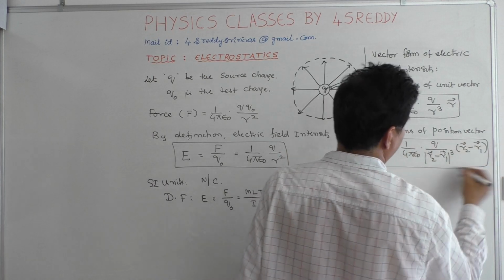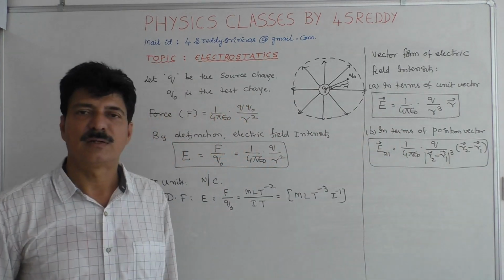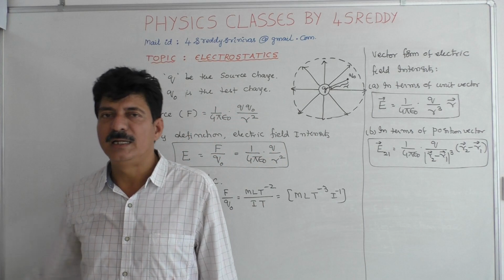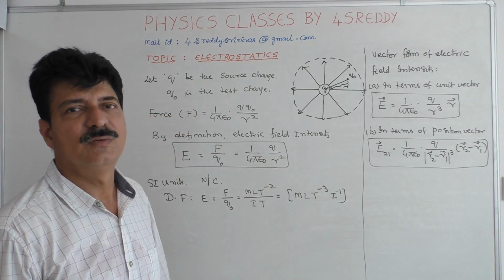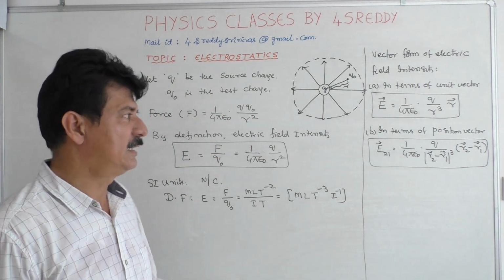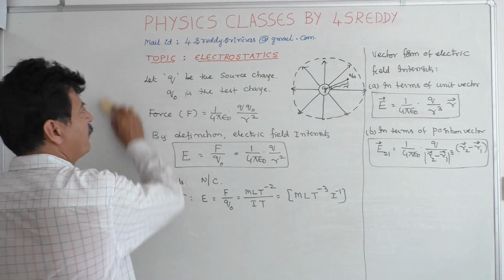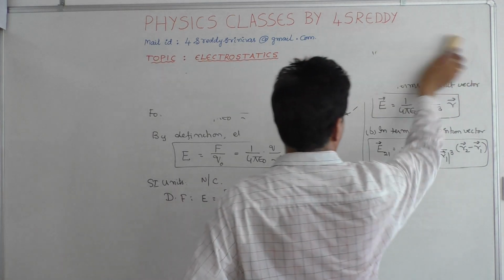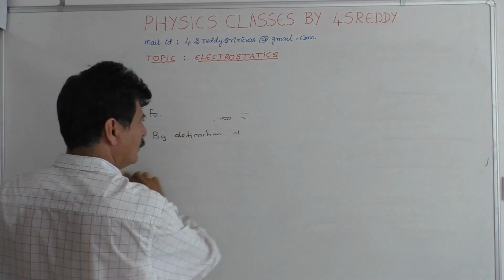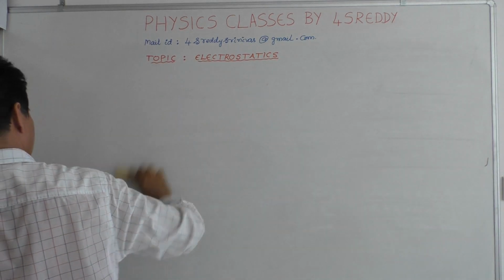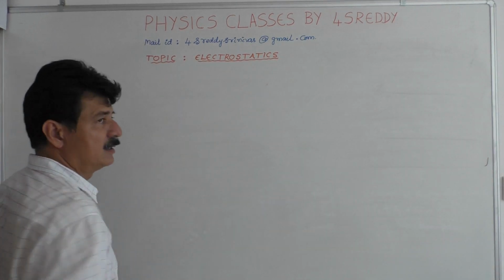This is the position vector form of the electric field intensity. If you divide by the charge, we can get the electric field intensity.